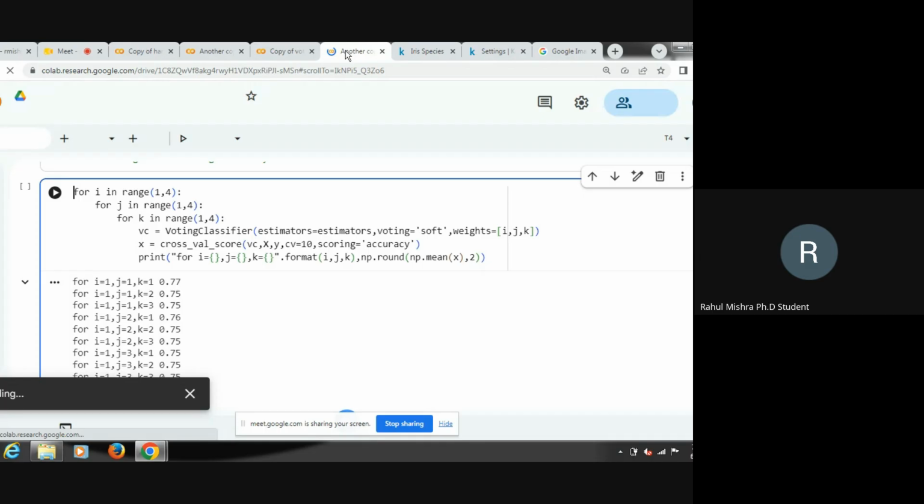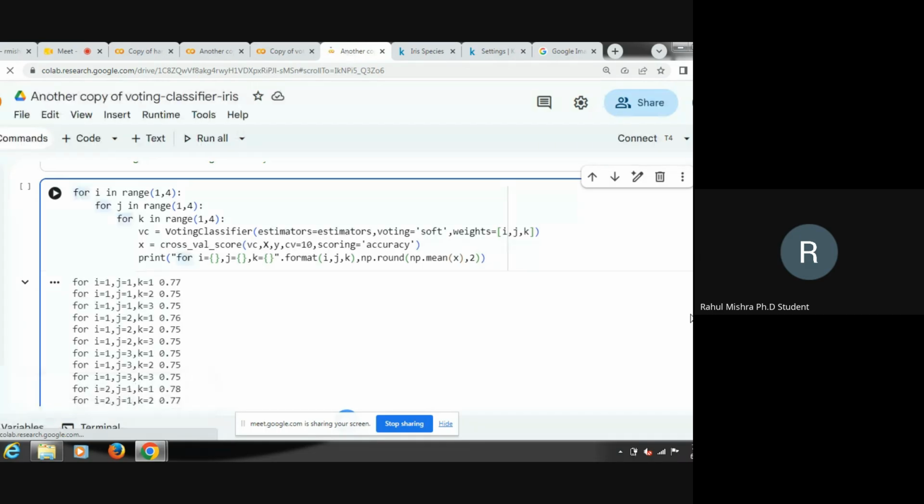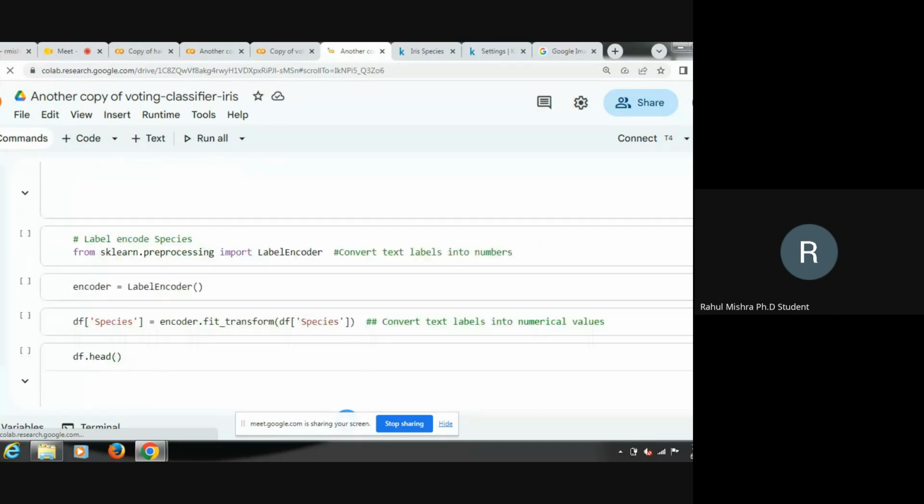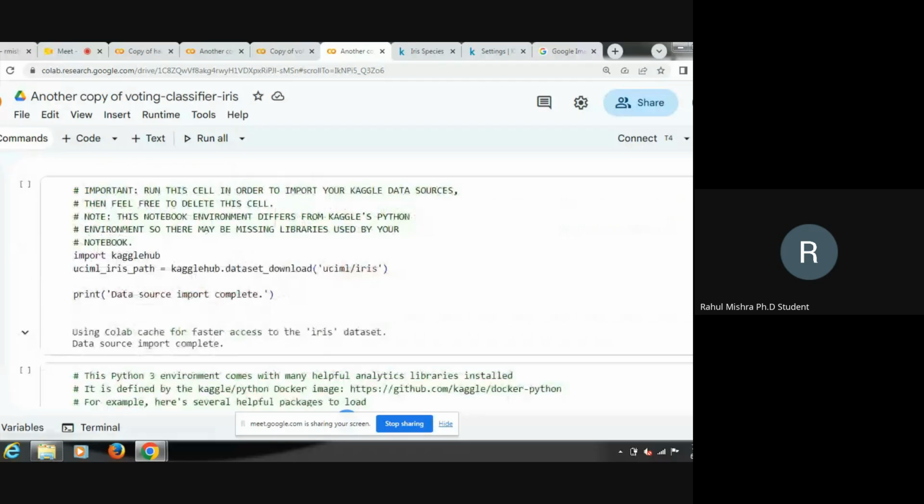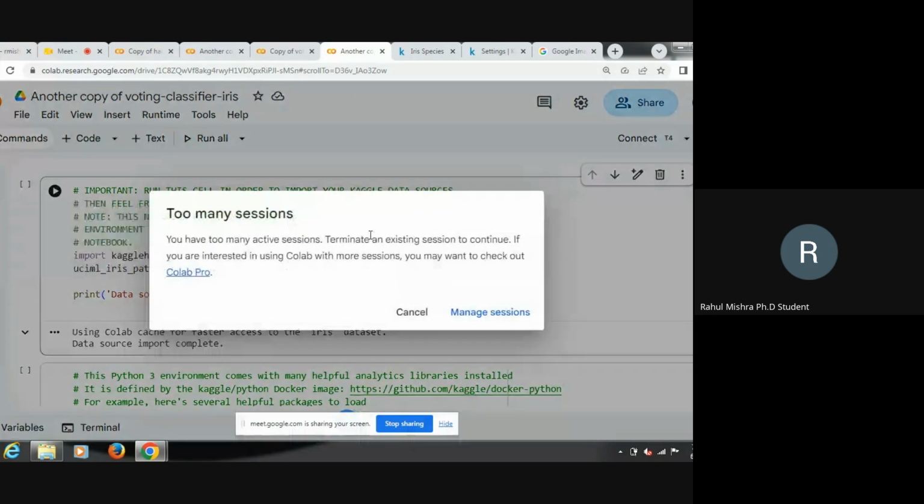So continuing, I am running this simple notebook. The dataset has been taken from the Kaggle repository.